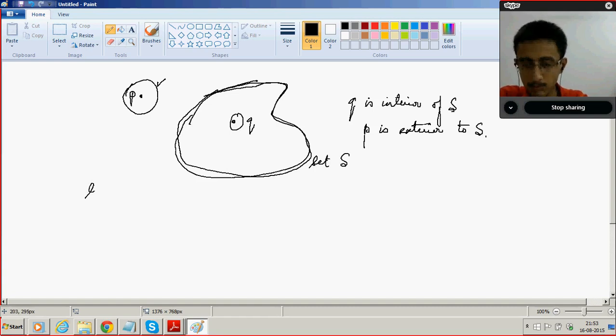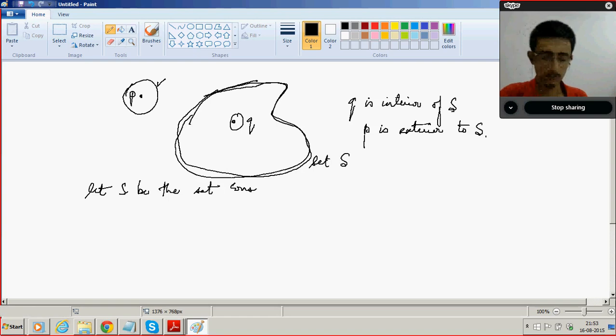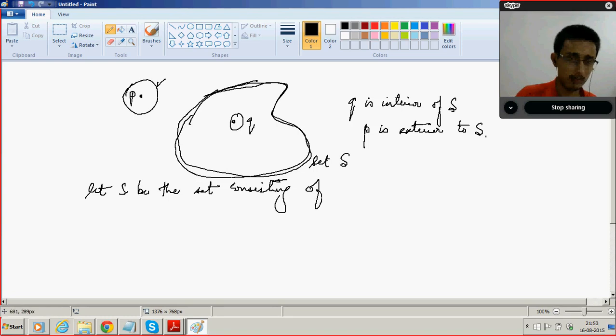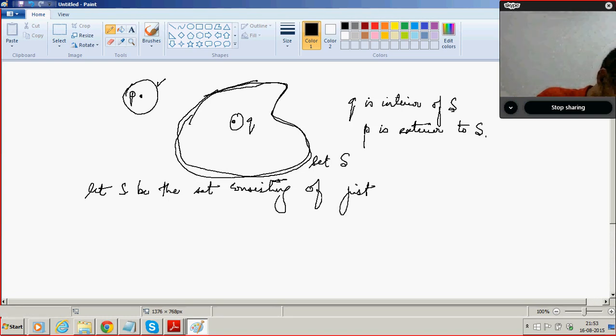Let S be the set consisting of just 2 points, 0, 0 and 1, 0 in the plane.